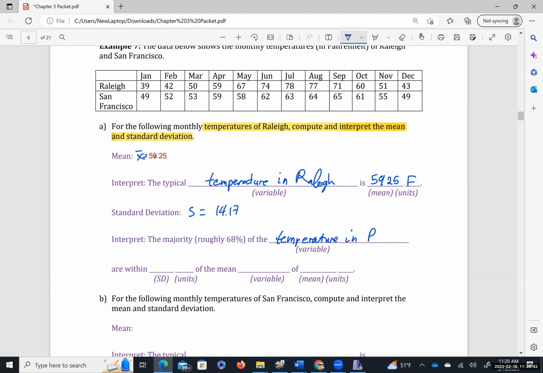in Raleigh are within 14.17. My bad, let me do this.